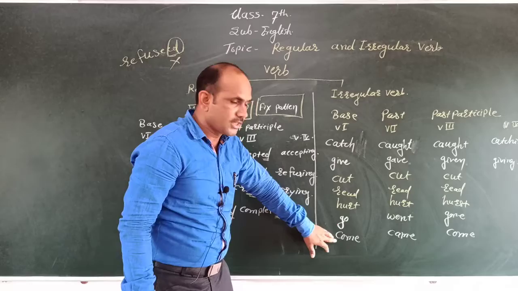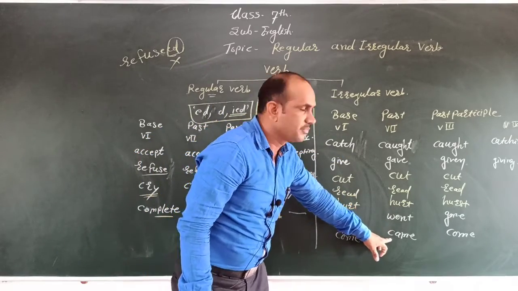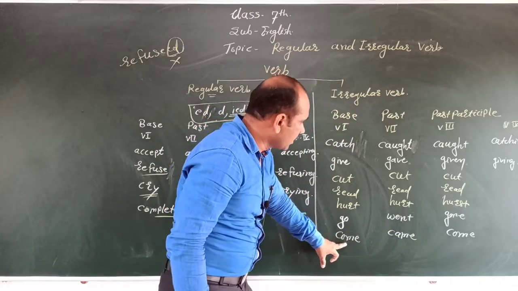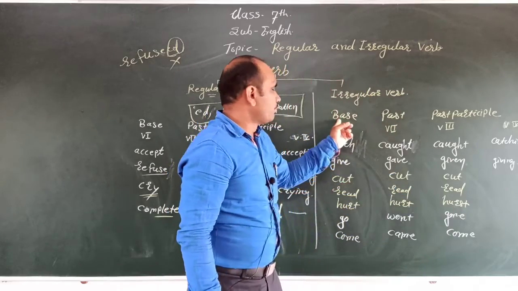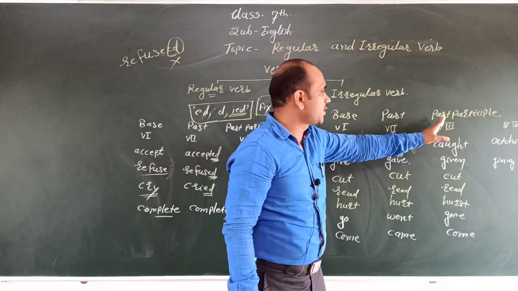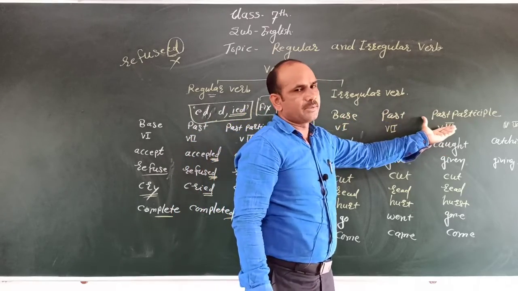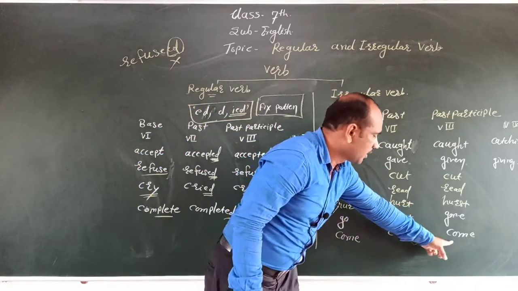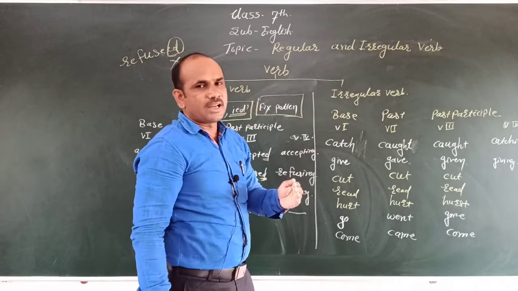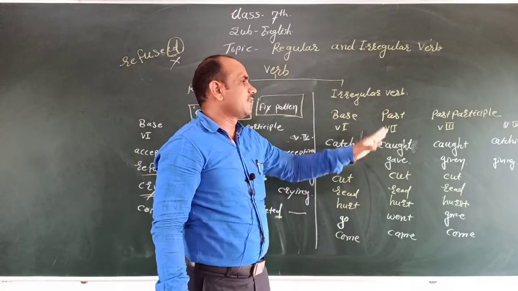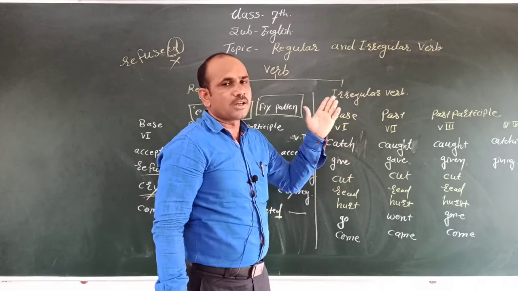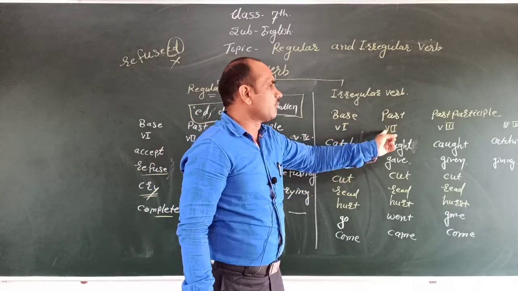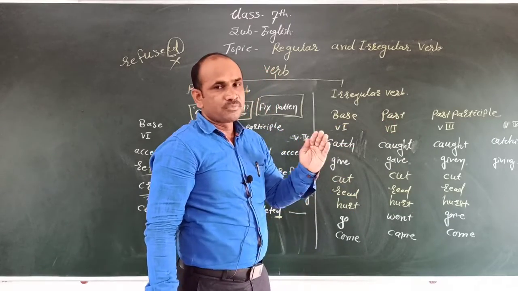Now the first form is come, second form changes to came, third form is come. Here come and come, the first form and third form of the verb, means base form and past participle form, are the same. Means some other examples are there where sometimes the base form and the past participle form are the same, and sometimes the second form and third form of the verb are the same.